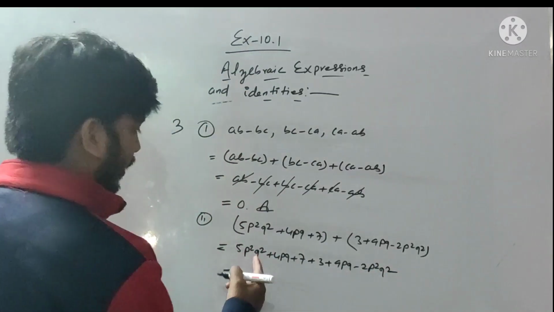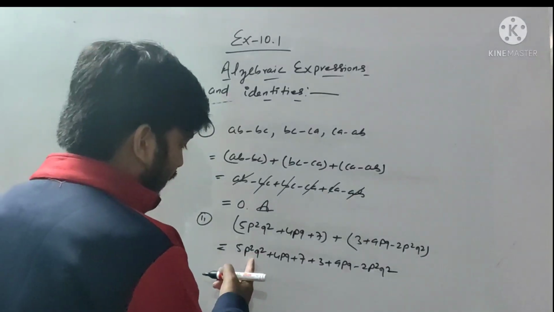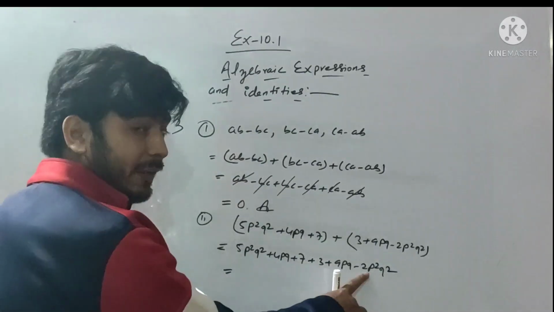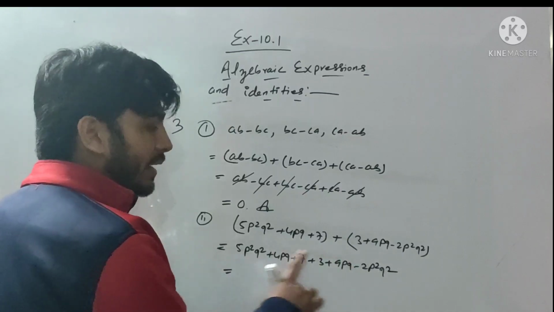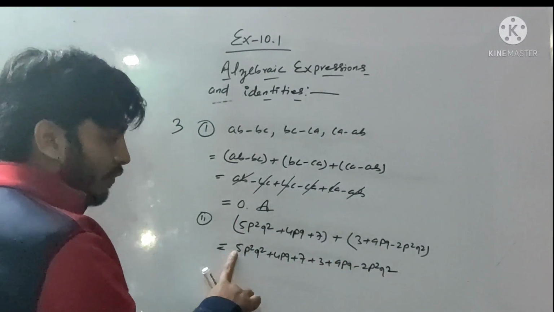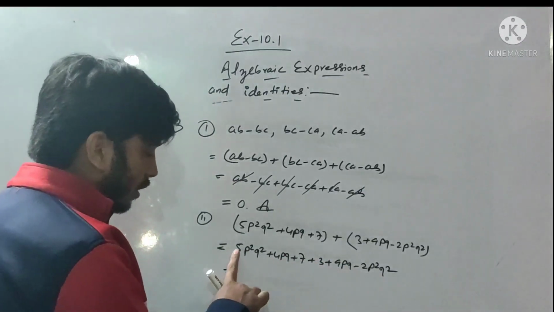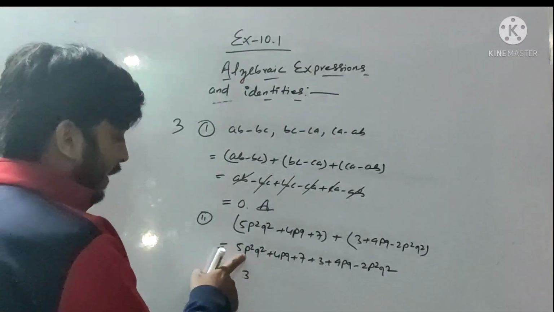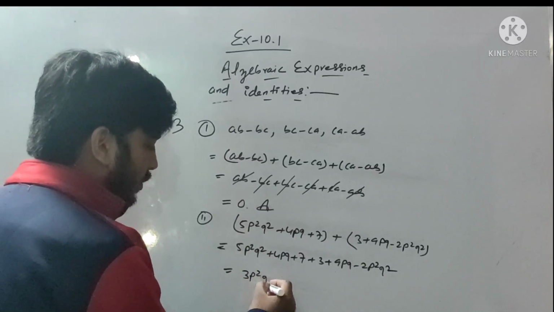Here we have to find out the like terms. So which one is the like? This one is the like. So this is 5 and this is minus 2. So plus minus minus, we need to subtract. From 5, if we subtract 2, it will be 3. The sign will be positive because the bigger one has the positive sign. So here 3, and we write p square q square.